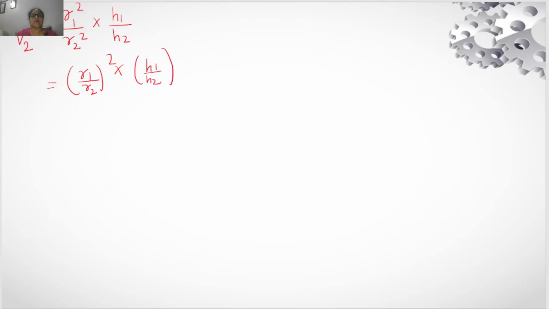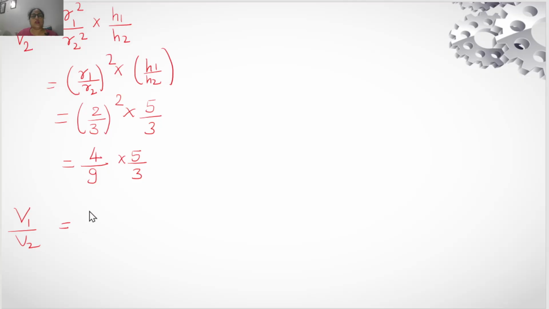So, come here. 2 by 3 whole square into 5 by 3. There is no square on the height ratio, so you have to leave it as it is. It will come 4 upon 9 multiplied by 5 upon 3. So what the ratio of V1 upon V2 we got? 20 upon 27.